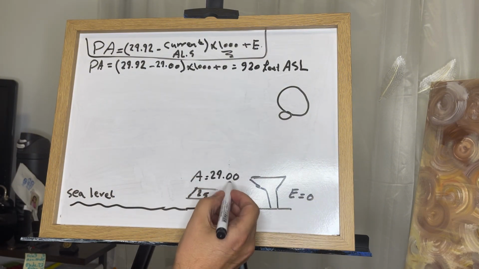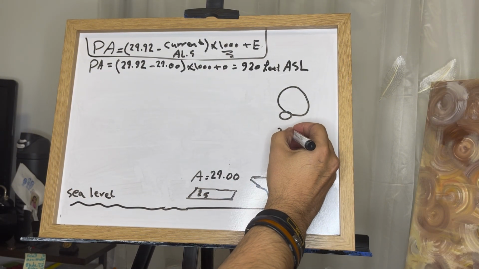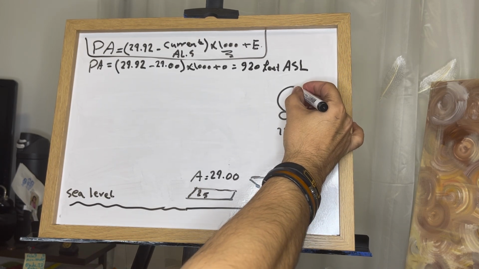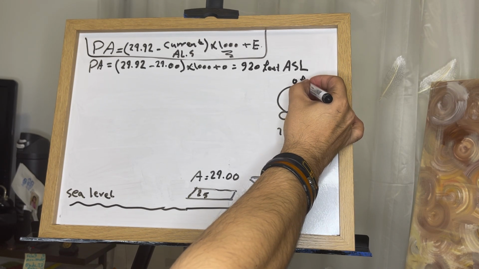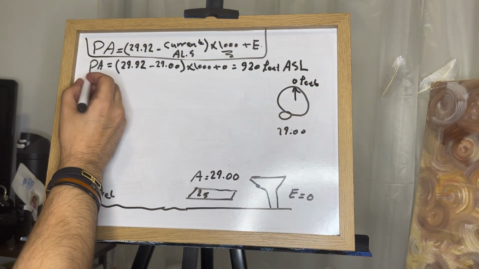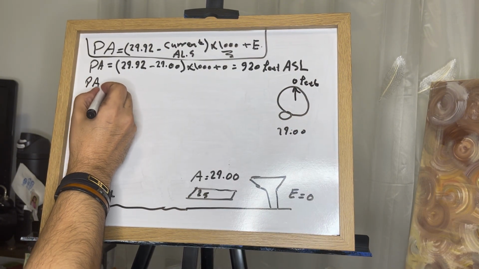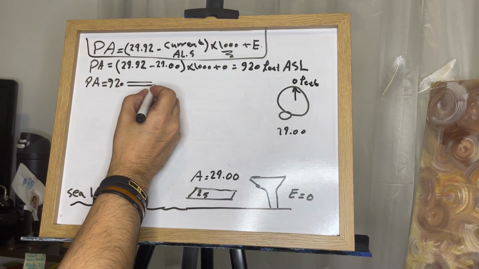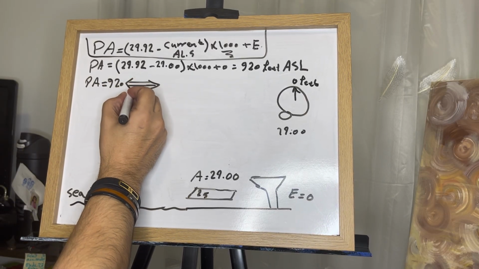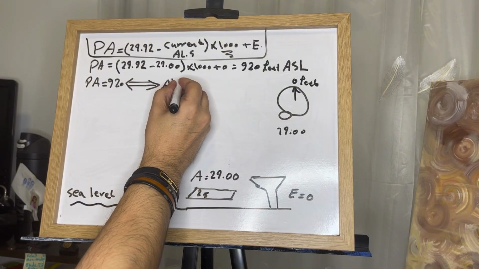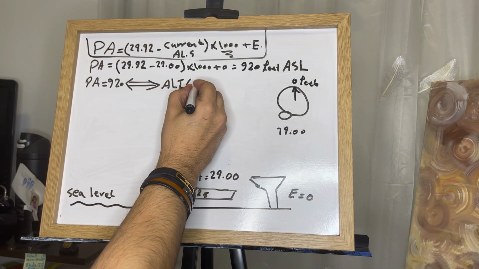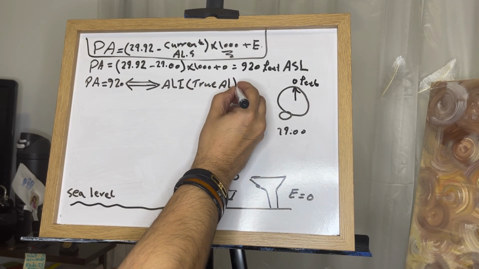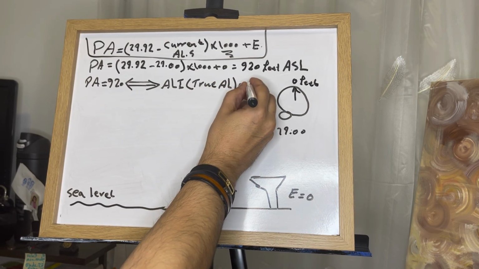When you set the local pressure to 29.00, you should read 0 feet on the altimeter. So pressure altitude is equal to 920, and the altimeter indicator or true altitude equals 0.